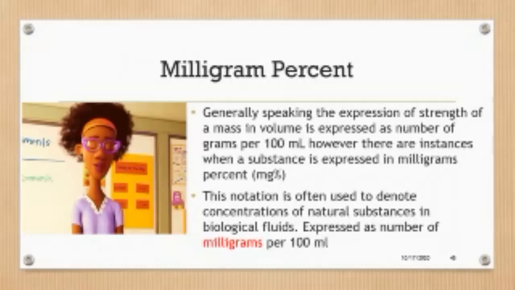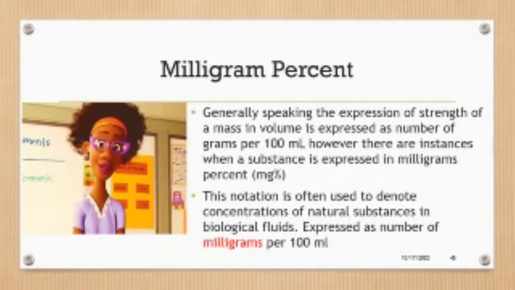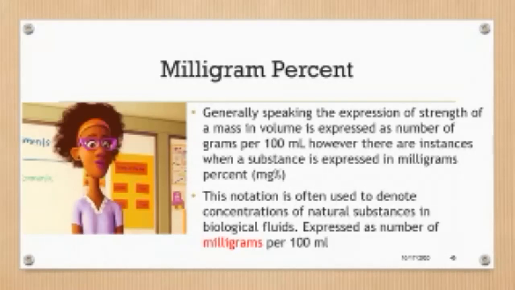So I don't want you to mix milligram percent with percentage concentration. Percentage concentration deals with grams per 100 mils in terms of weight in volume. But milligram percent is speaking to milligrams per 100 mils because of the nature of the natural substances found in our body.